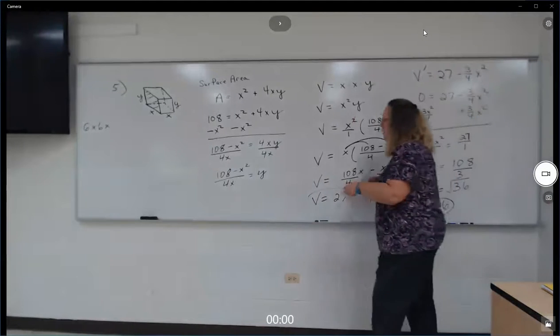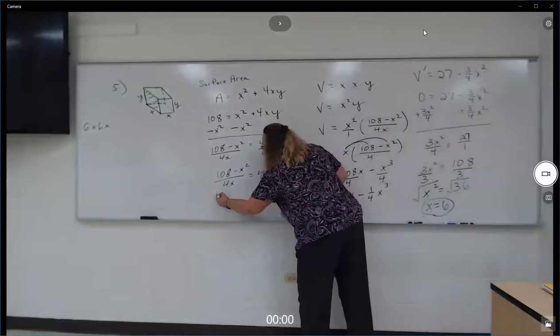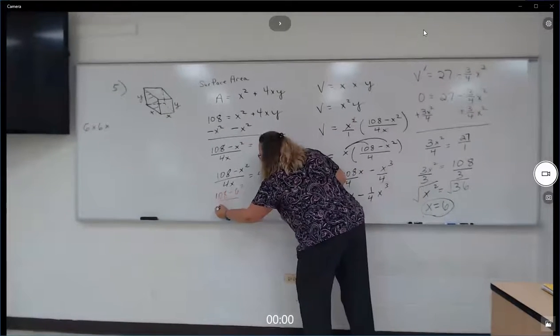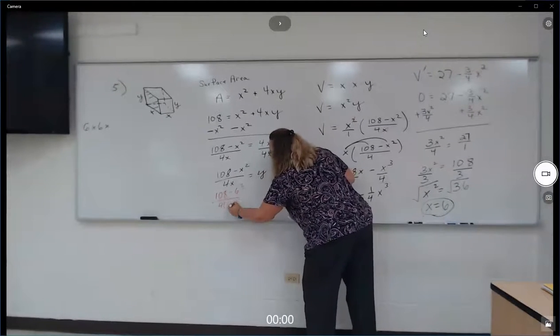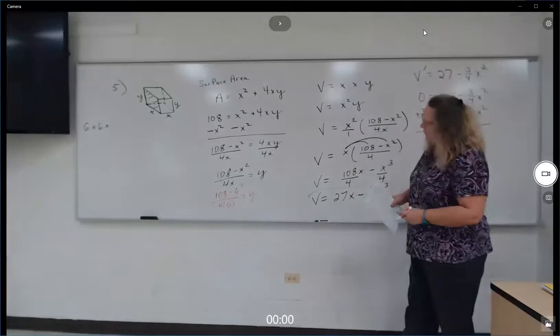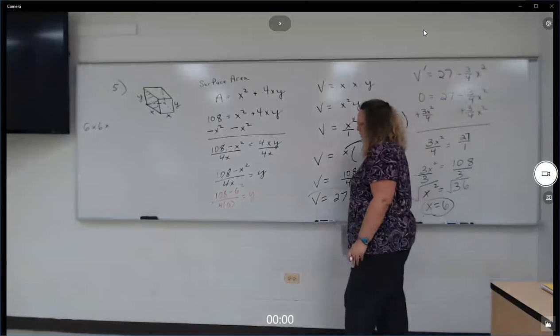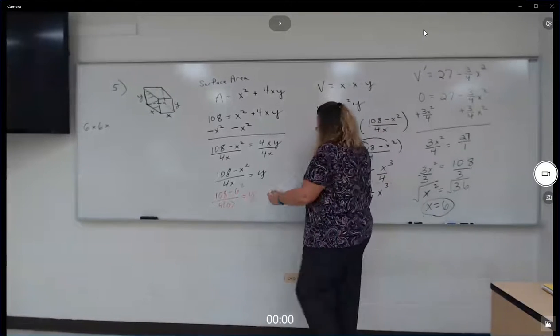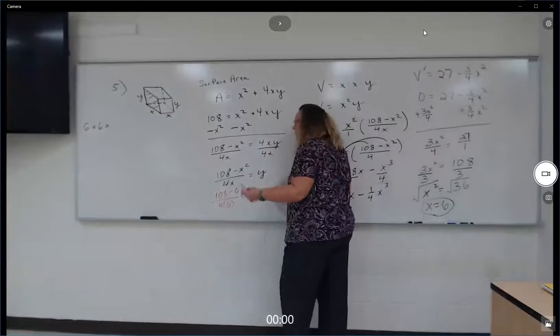Well, we would just work through it. We would do 108 minus 36, and we would do 6 squared over 4 times 6. And I believe that is, but you can use 3. Which would be, yeah, 72 divided by 24. That works.